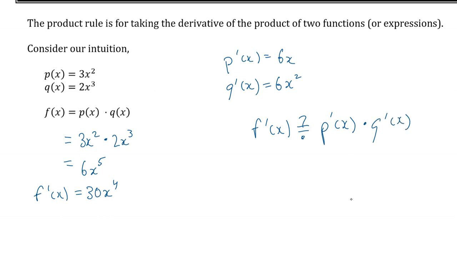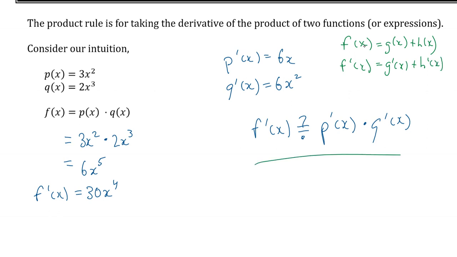Remember, if f at x is g at x plus h at x, then f prime is g prime plus h prime. The sum rule. That is true. And I believe our intuition would tell us that this is true.